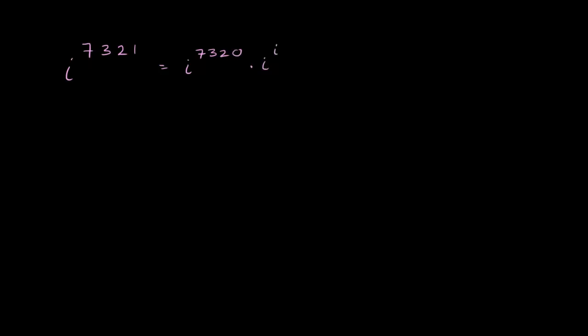This right here is a multiple of 4. I know that because any 100 is a multiple of 4, any 1,000 is a multiple of 4, and then 20 is a multiple of 4. And so this part will simplify to 1. 7,321 is 7,320 plus 1, and so we're just going to be left with i to the 1st power, or just i.